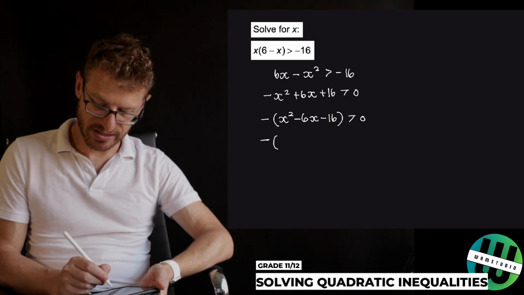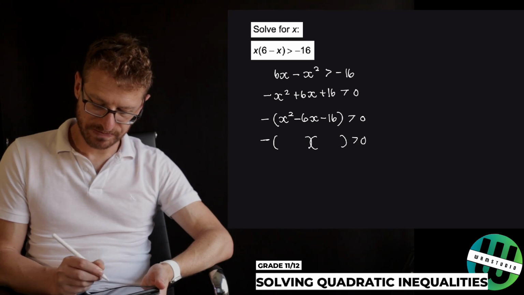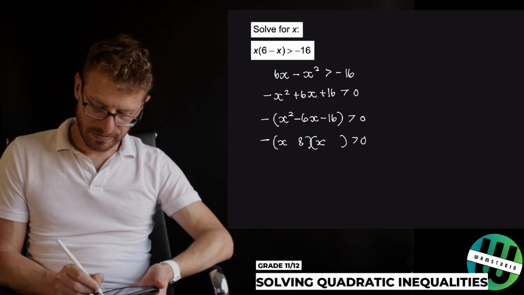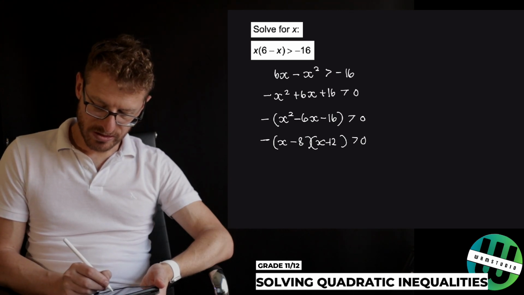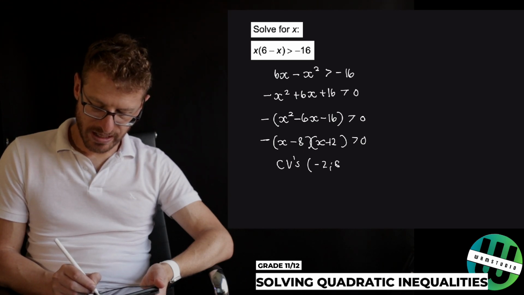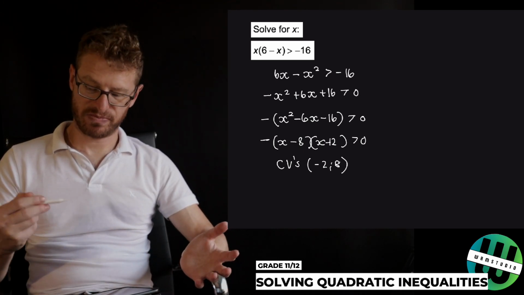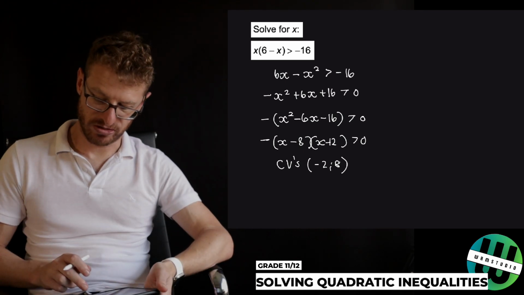So in this case, I'm going to now factor to get my critical values. My critical values are negative 2 and 8, because x minus 8 is 0 and x plus 2 is 0. So x equals 8, x equals negative 2.